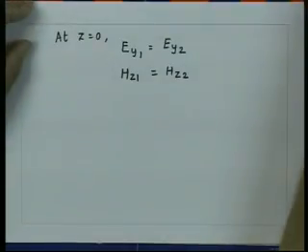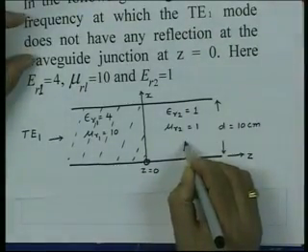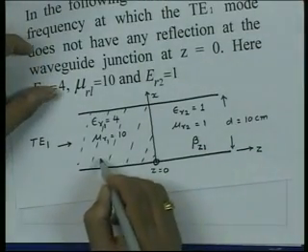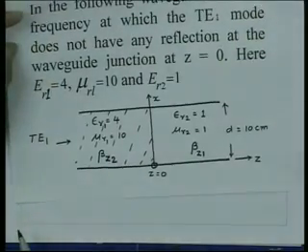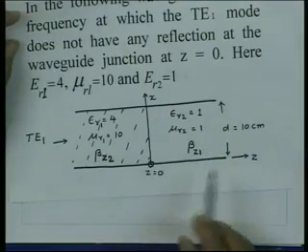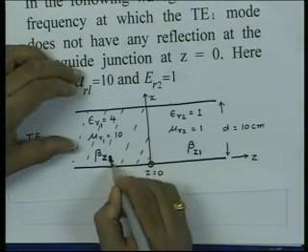Let us say that the phase constant in this region is beta z1 and in this region is beta z2. This is the phase constant for TE1 mode in this region and in this region. We call this region 1 and this region 2.